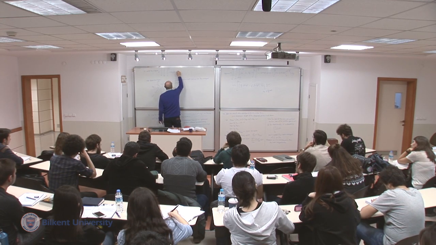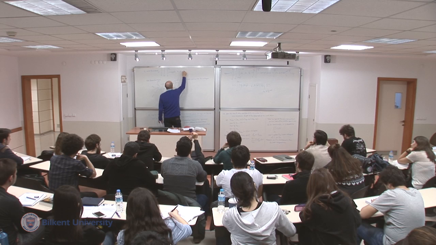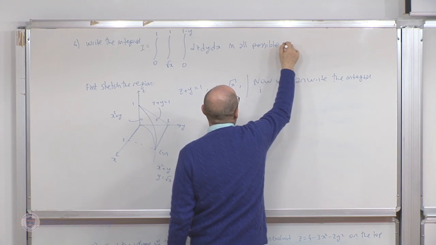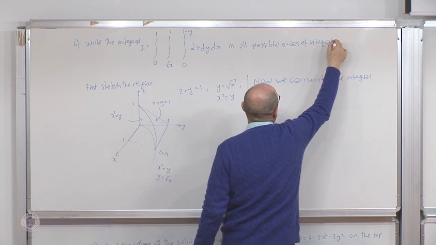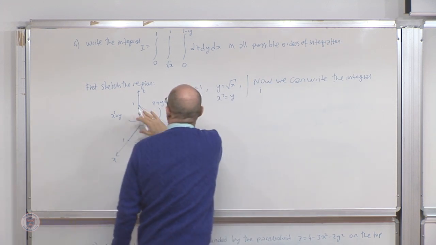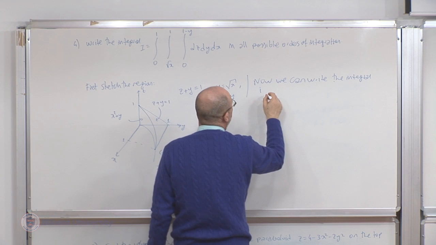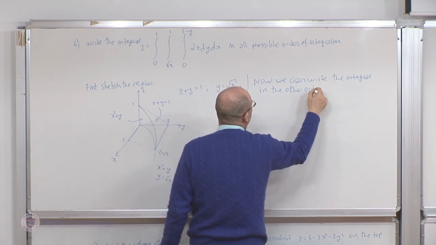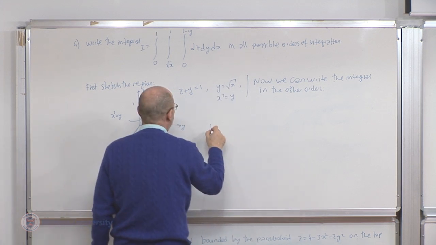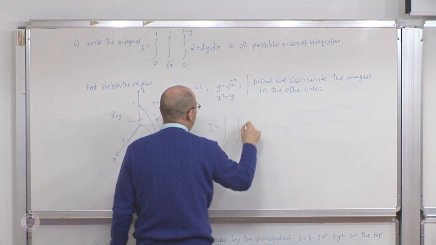The integral in all possible orders of integration. Okay, so we sketch the region. Next, we can write the integral in the other orders. So let us say this integral I is, we'll write these things.